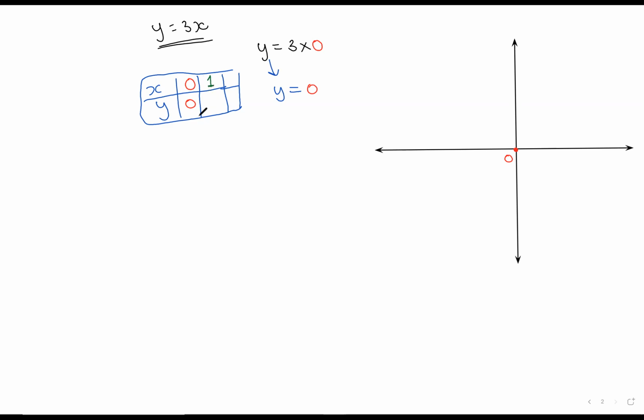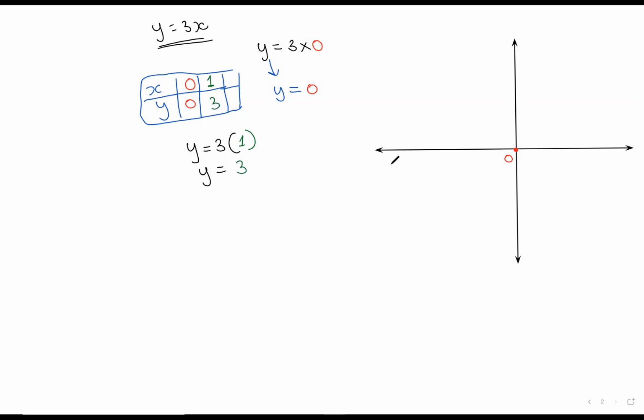When we put x is equal to 1, this becomes y is equal to 3 multiplied by 1. So what does y become? 3. Y is equal to 3. So now I have my 2 points.